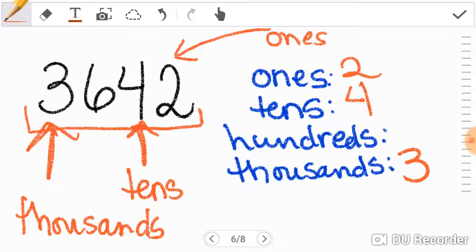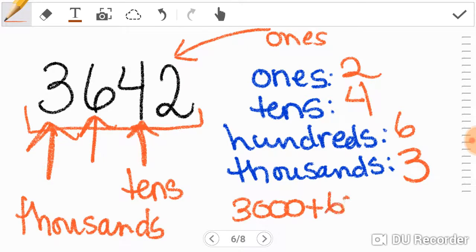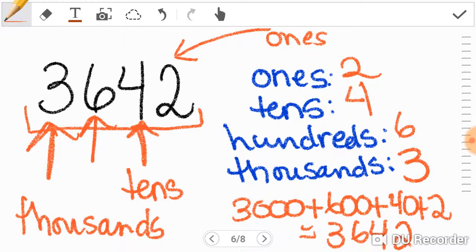And what is, obviously, the last one in our hundreds position? 6 is in our hundreds position. So let's look at it again. We have 3 thousands plus 6 hundreds plus 4 tens, which is 40, and plus 2 ones, which will equal 3,642.